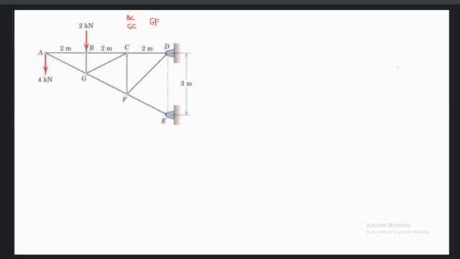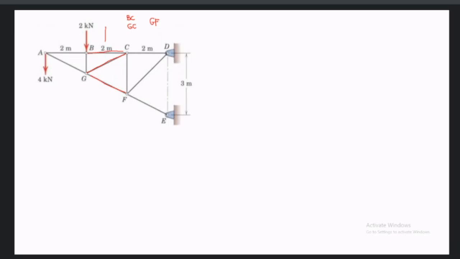Eto, magkakaiba yung slope. Magkakaiba nga ba? Hindi, same pa din. Okay, so hanapin natin si BC, si GC, saka si GF. Nakita ko lang sa internet to eh. Kaya iba-iba yung drawing natin. So ito si BC, ito si GC, tas ito si GF.